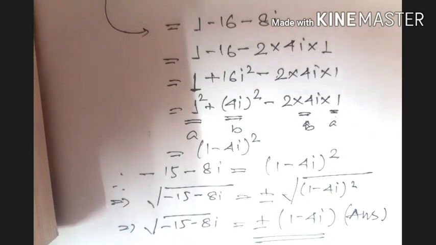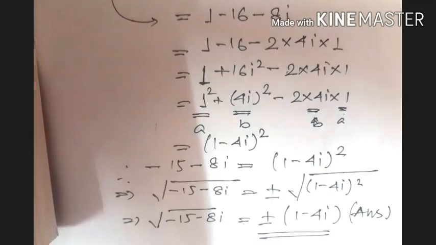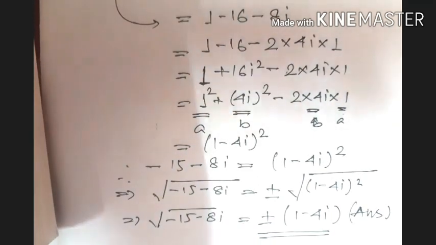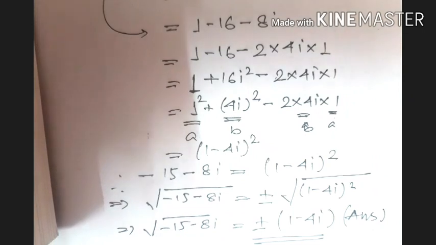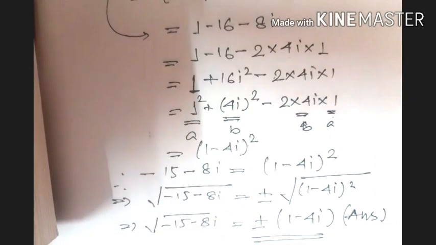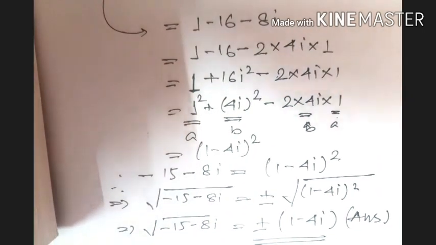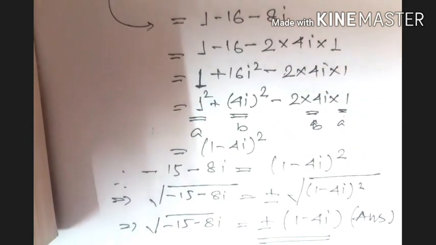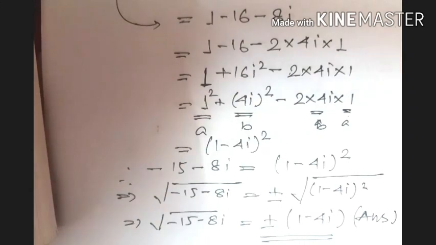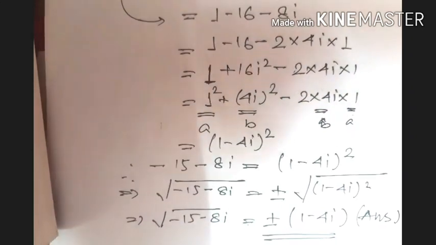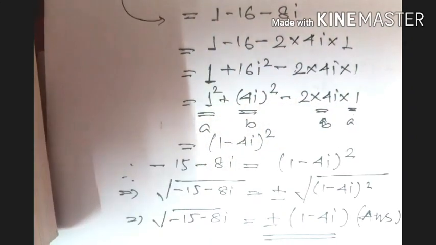But for boards you have to follow the method given in your textbook especially. To do it in short time we can use this method also, but it will take a little more time compared with the previous method, that is the direct formula, because here we have to think about what will be a and what will be b.